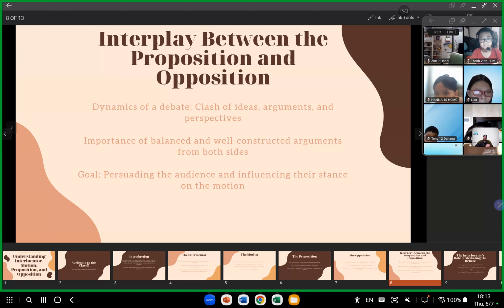So the balanced part of that simply means that everybody needs an equal amount of time to speak, and nobody should get more time than everybody else, because the hard part of the debate is taking all of that information that you want to tell the audience and making sure that you can fit that into the time that you've been given.